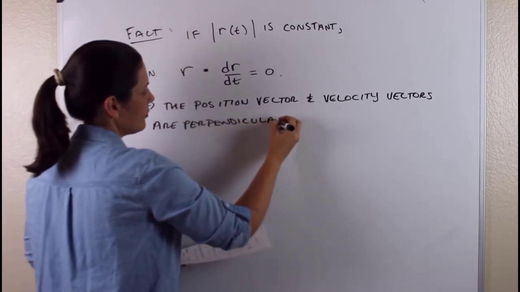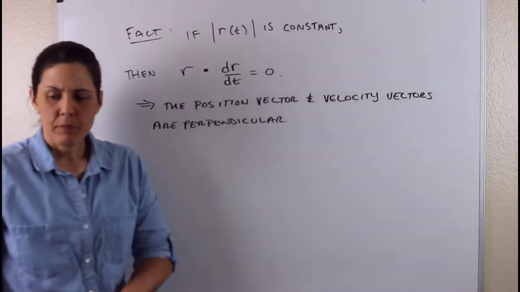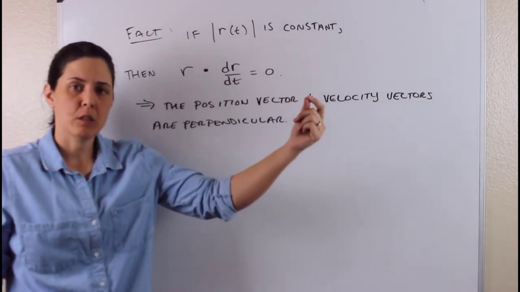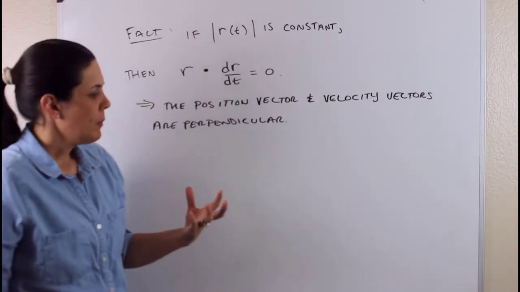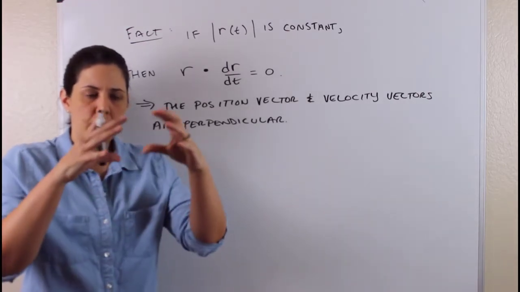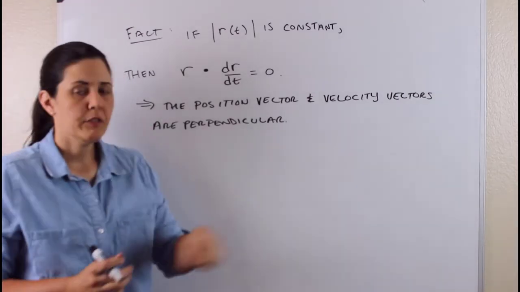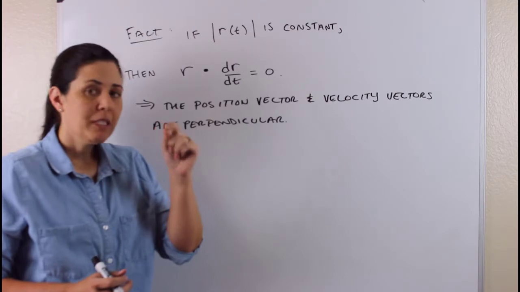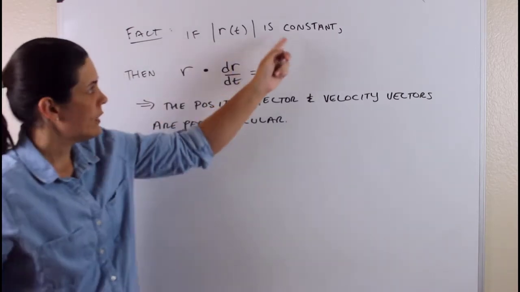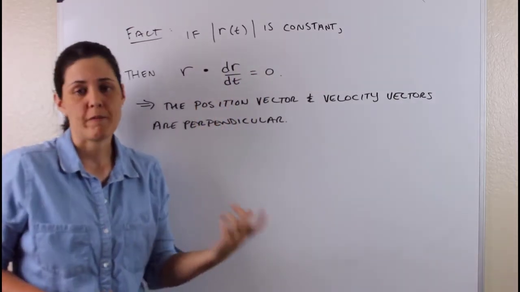Perpendicular. So just so you can think of what this might look like, the position vector starts at the origin and ends at the point in space where your object is. So this might be like your particle moving around a sphere, if your sphere is centered at the origin. So every point on the sphere would be the same distance away from the origin. So if your particle is moving along like that, that would be an example of something like this, where the length of that vector is always the same value.